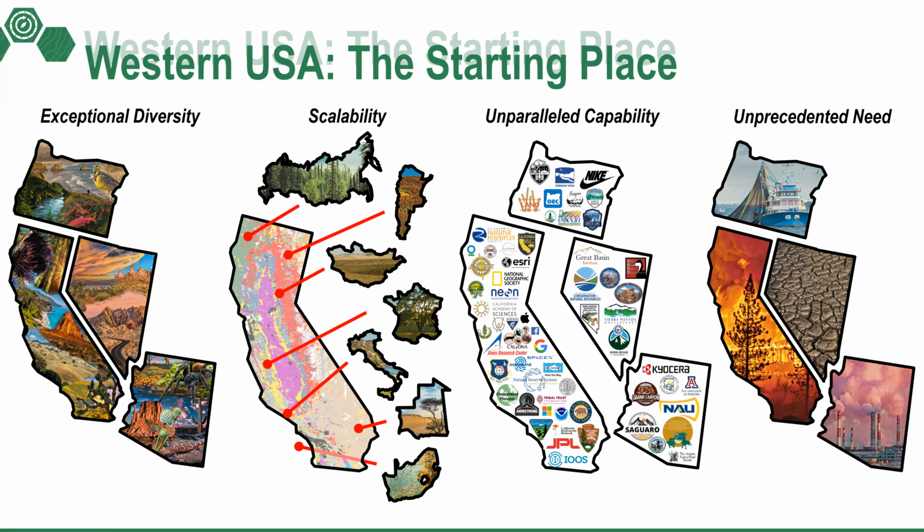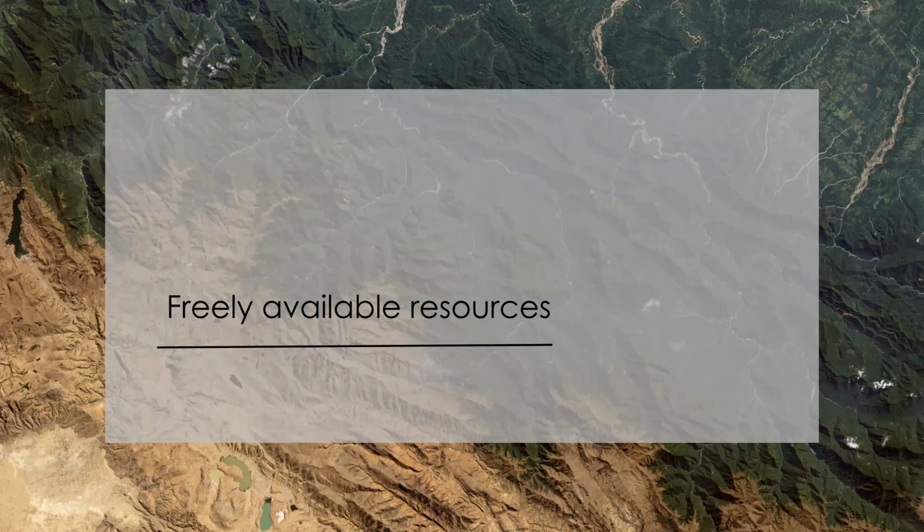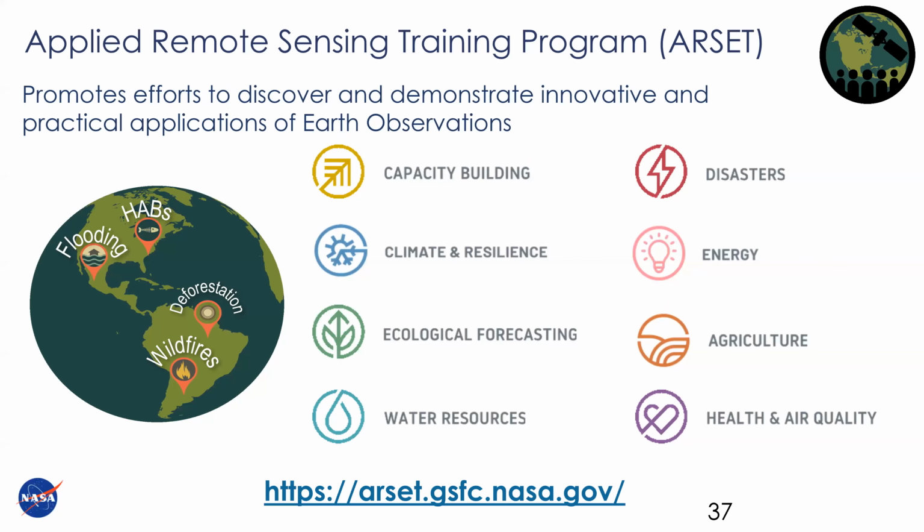Okay, so lastly, I just want to leave you with these resources that are freely available to you. And I'm going to just go back and refer to our Applied Remote Sensing Training Program, ARSET. What that program does is provide these webinars.